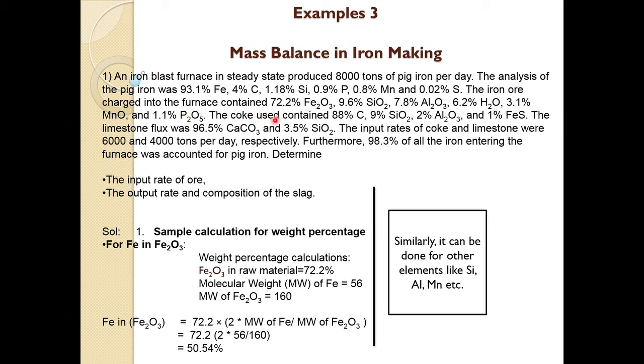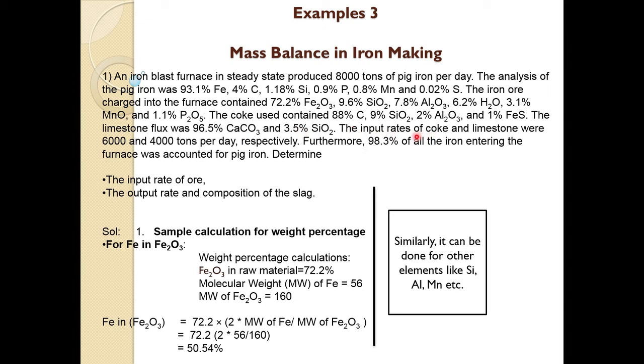The coke used contains 88% carbon, 9% silica, 2% alumina and 1% iron sulfide. We also put in the flux. The limestone flux has a composition of 96.5% calcium carbonate and 3.5% silica.